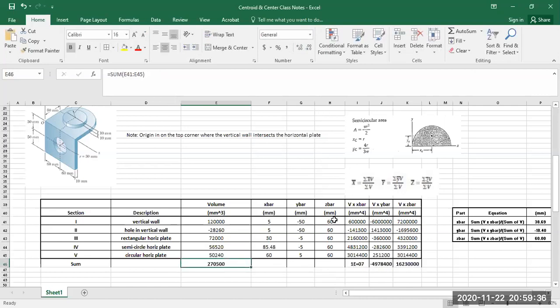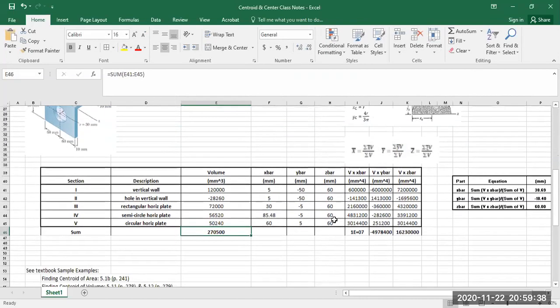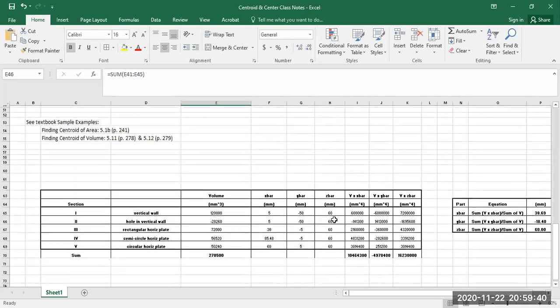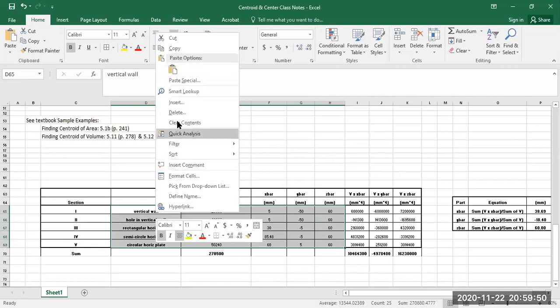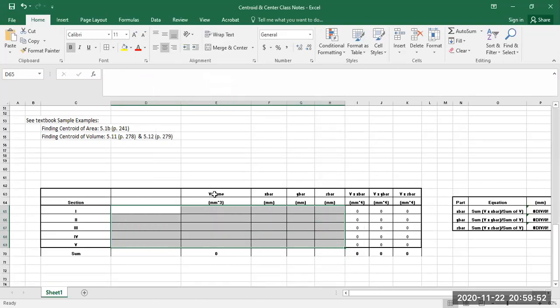Okay, so now let me check my answers. 38, negative 18, and 60. 38, negative 18, and 60. Great. Okay. So now what I'm going to do is clear this and just make sure that you put in the right units.